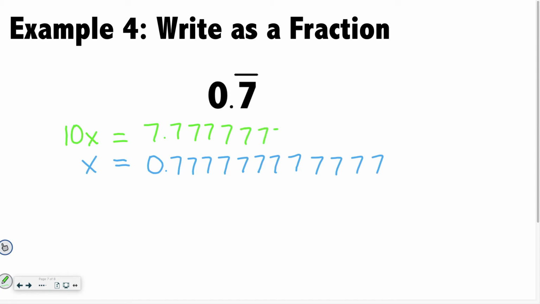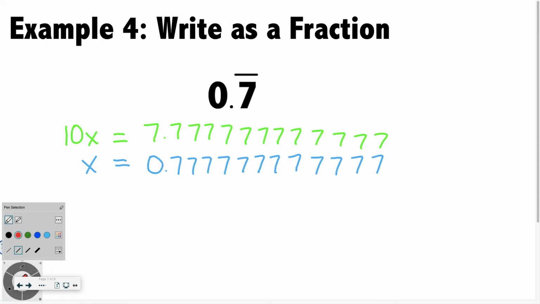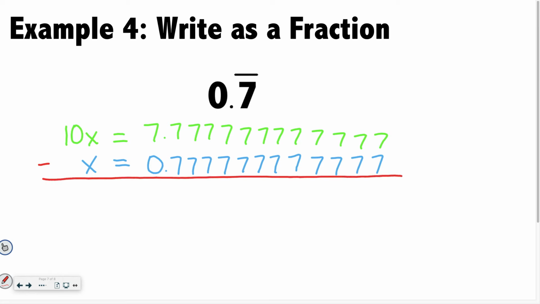So then what you can do is you have 7.7777. So all we did was we changed it so there was a number there. Now, your next step is going to be to subtract, okay? So if I have 10 x's and I subtract this 1x, 10 x's take away 1, it's going to leave me with 9x.